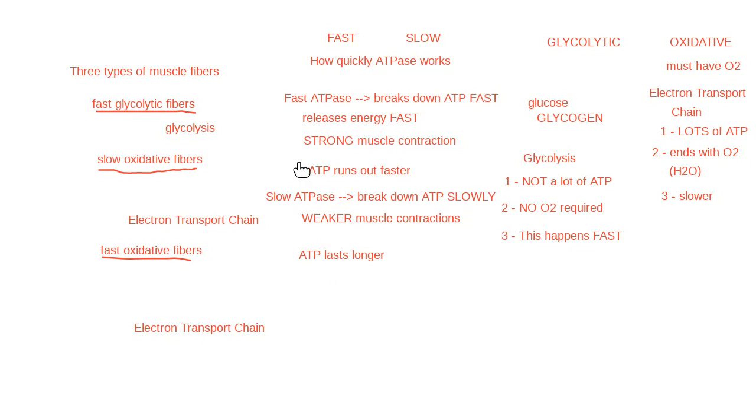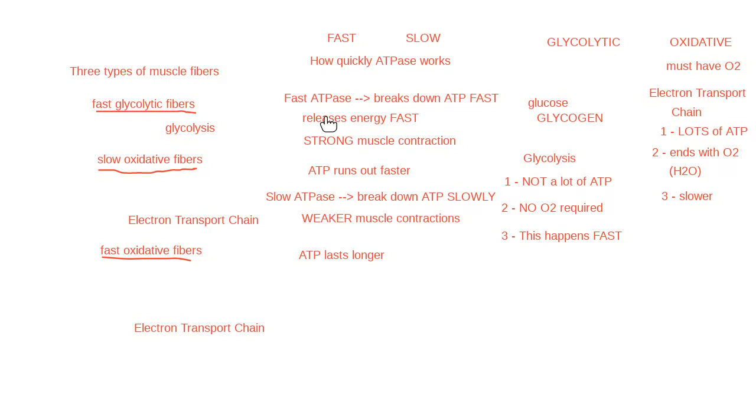My daughter is going to be like, OMG, M&Ms. And she's going to pour them into her mouth and chew them up really fast, and she's going to run out of M&Ms long before I do. So with a fast ATPase, sure, we're going to breeze through those M&Ms really fast. We'll get that chocolate sensation super quickly, but we're going to run out of M&Ms. If we just eat them more slowly, we might not have as much of a sensation all at once, but we're going to last a little bit longer.